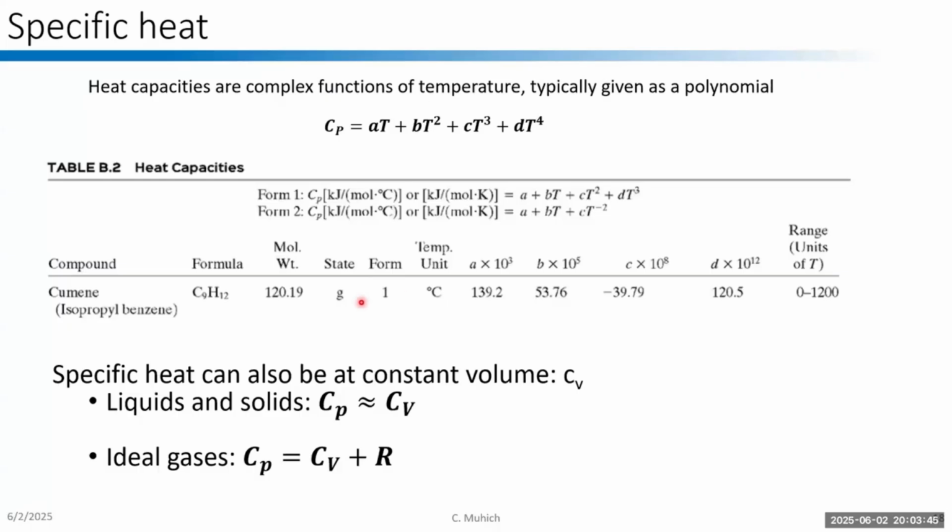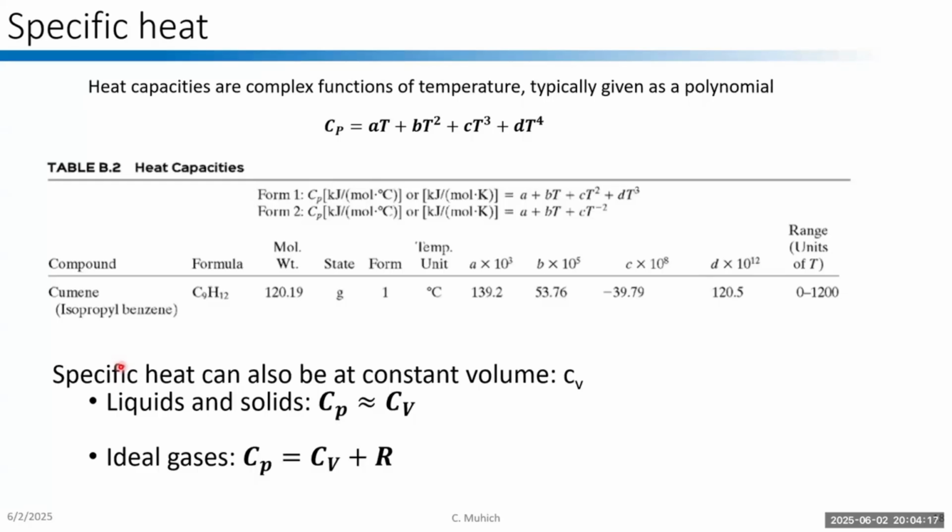Okay, so my last sort of comment on specific heat for a single material is you can also specify specific heat at a constant volume. So you put a material in a canister, you don't let it expand, and you see how much energy it takes to change the temperature. This would be specific heat at constant volume versus specific heat at constant pressure.